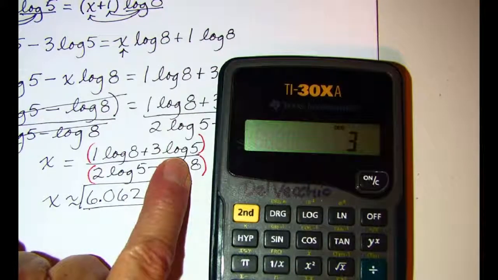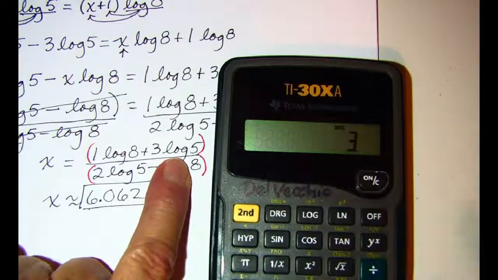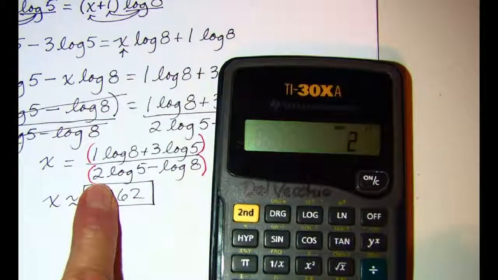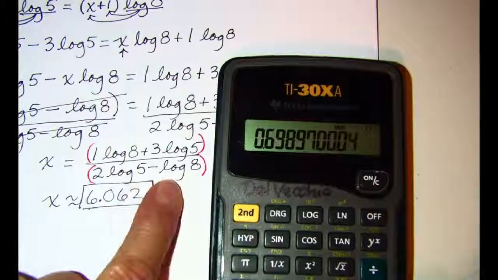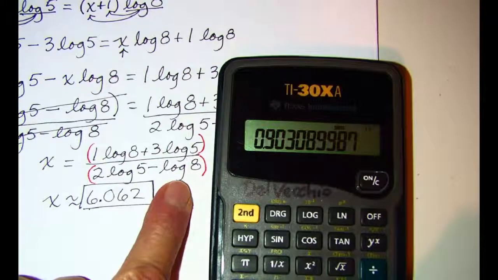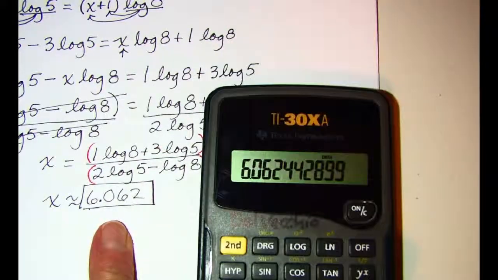Close the numerator, and that's interesting, that whole numerator is equal to 3. Divided by, and then open the denominator, 2 times 5 log minus 8 log. Close the denominator and hit equal. And we get the same result.